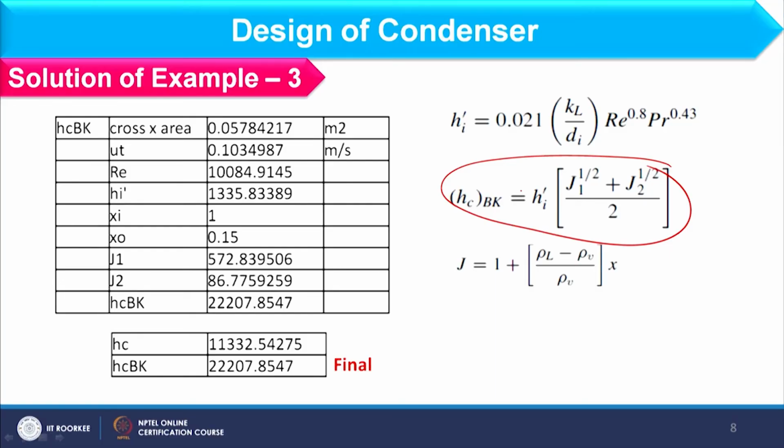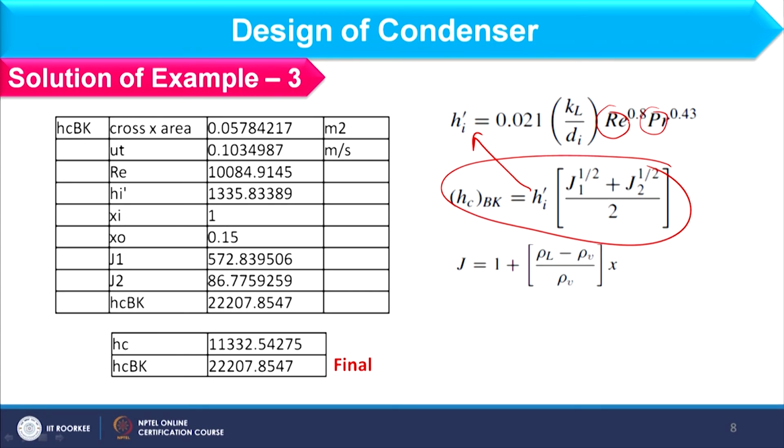Next point is we have to find out the heat transfer coefficient of the tube side using the Boyko-Cruzley correlation. So, let us see that. This is basically the Boyko-Cruzley correlation, and HI dash you can find out by this. To find out the HI dash value, we should know the Reynolds number as well as the Prandtl number.